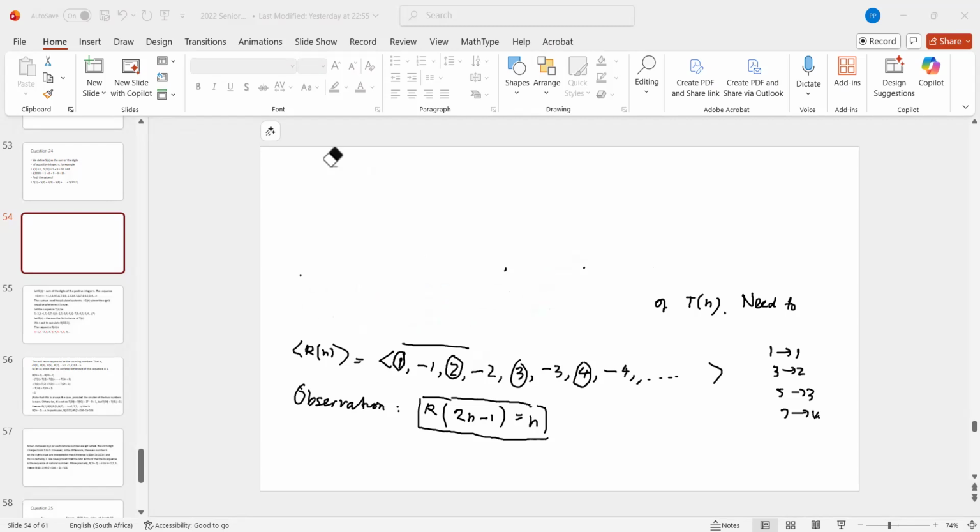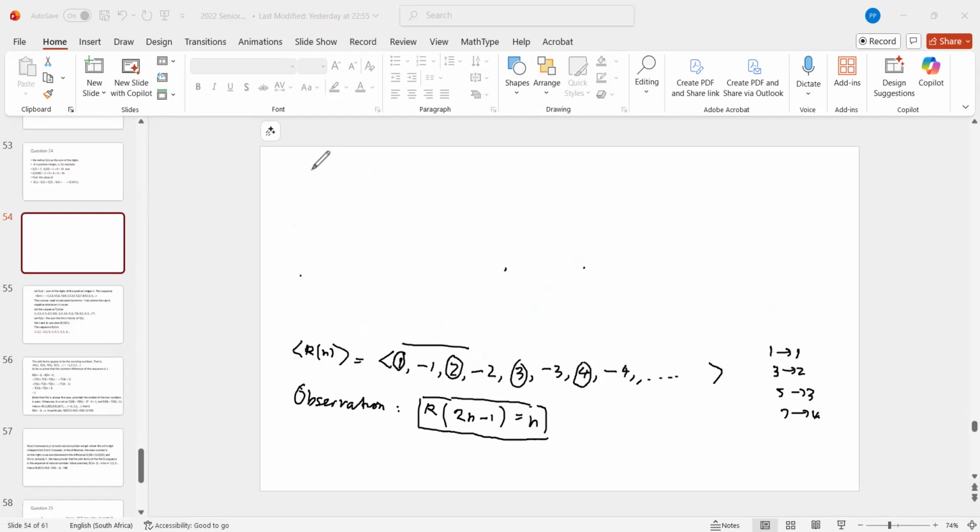It's an arithmetic sequence. And all we need to do is to show, we know the first term is 1, and we need to show that the common difference between two of these odd terms is always equal to 1, right? So this is how we prove it.